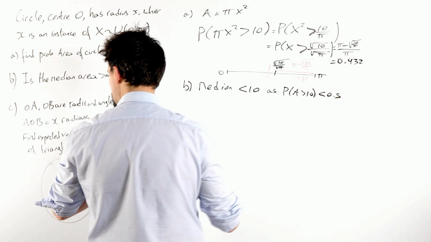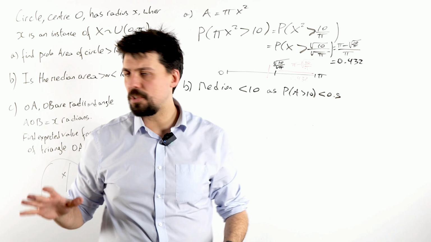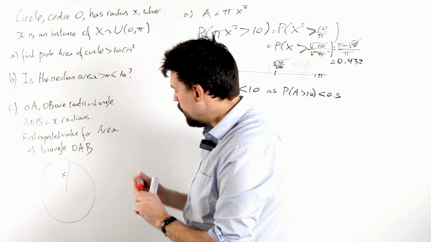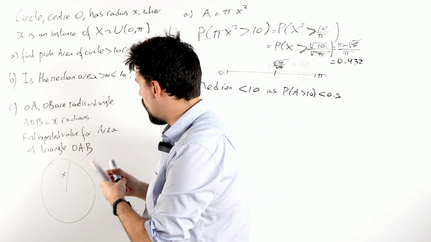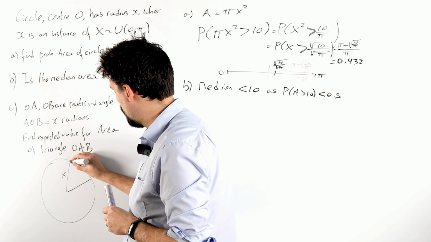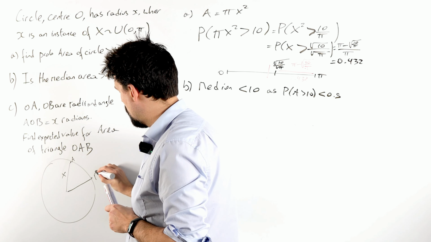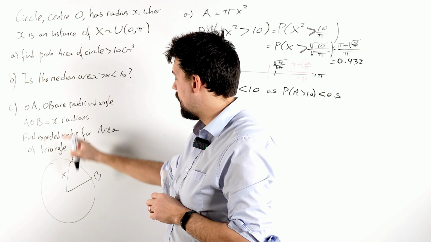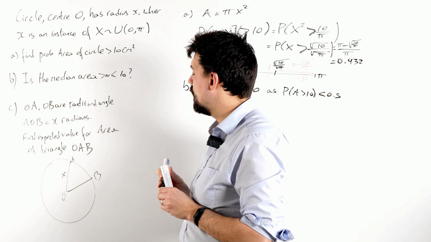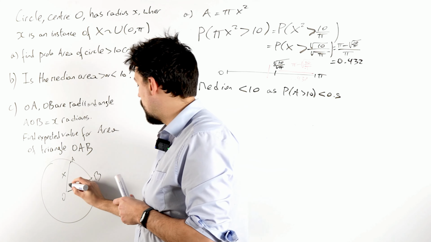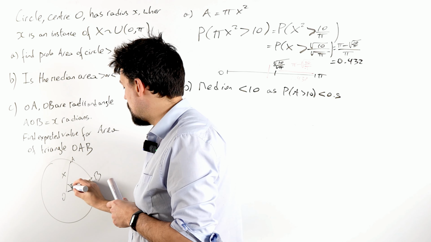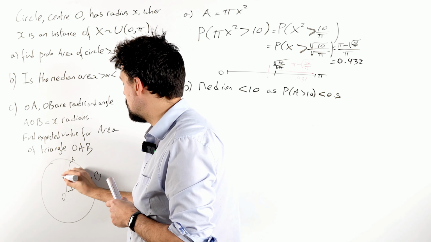That's a good justification. Now, what's going to happen? We're going to take two of these radii, OA and OB are radii. Angle AOB is x. The radius is x.